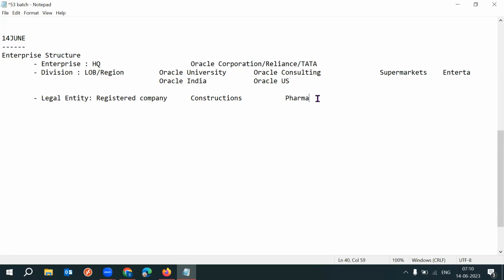Let us take that I have the construction business only in India, and in pharma, I have India and the US. So how many registrations should I take? Three. Because if you have to do business in another country, you also have to register your company there as per their territory policies, their government policies. Understood the significance of legal entity?